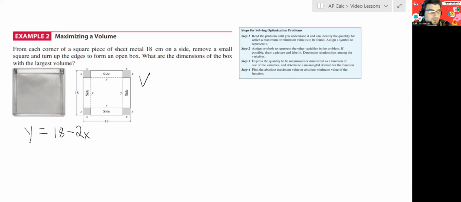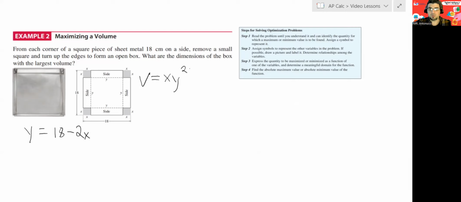So this can help us write the volume of the box, because we know that the volume is going to be xy squared in terms of this situation. Because once you flip those sides up, you're going to have the base of the box, which is y by y, and then the height of the box, which is the x value of the side that you've now flipped up.